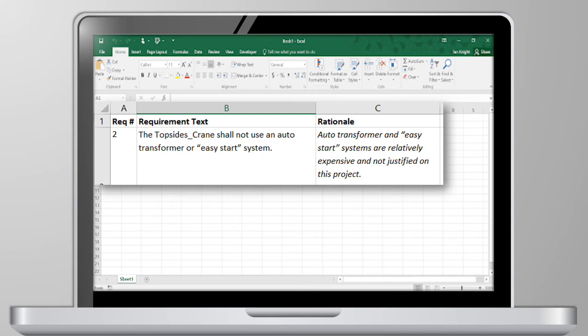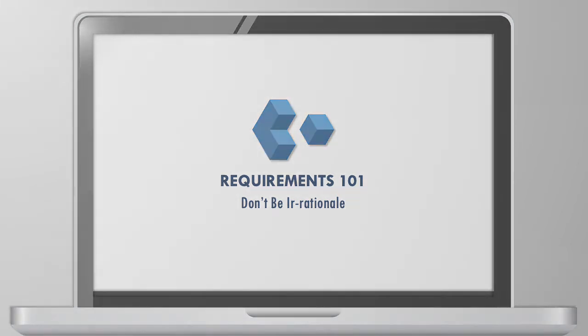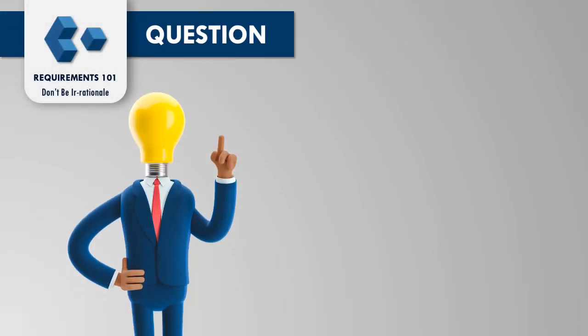The second option, trying to provide instructions on what to do if deviating from the requirement, is not a correct use of the rationale. A quick check on your retention capabilities with a couple of short quiz questions.